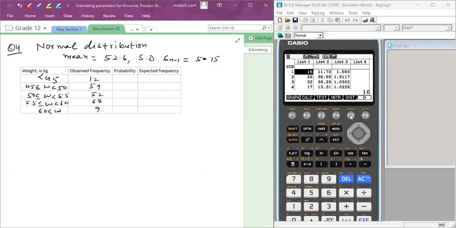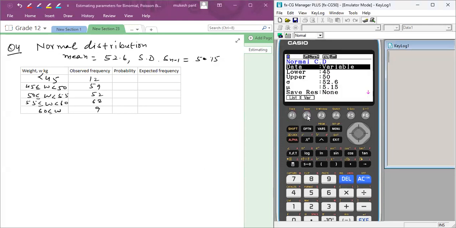This is normal distribution, NCD. For less than 45, the lower bound is very small, the upper bound will be 45, and the mean is 52.6.